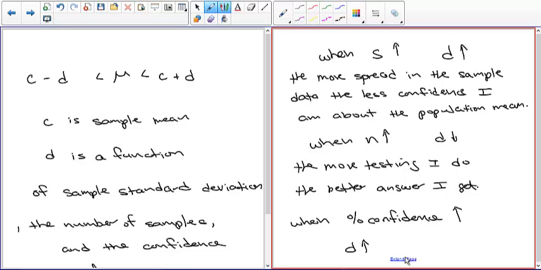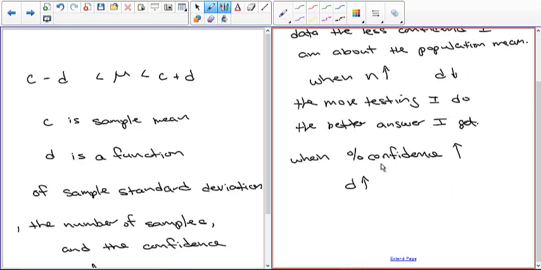And then finally, the last one is when the percent confidence goes up, this number goes up as well. What that means is if I say 90% confidence, then I can have a narrower range. But if I want to be really confident that this range is including the population mean, I have to make that range wider, because that gives me more wiggle room.